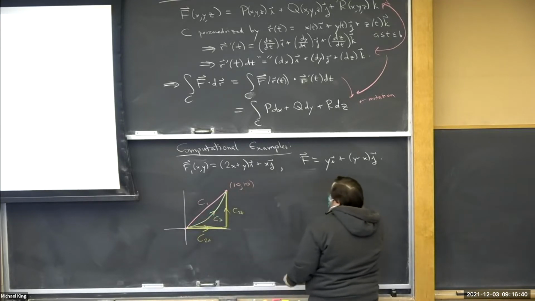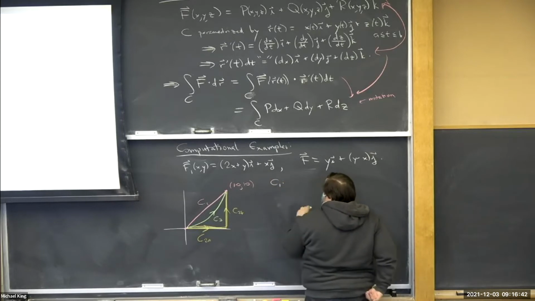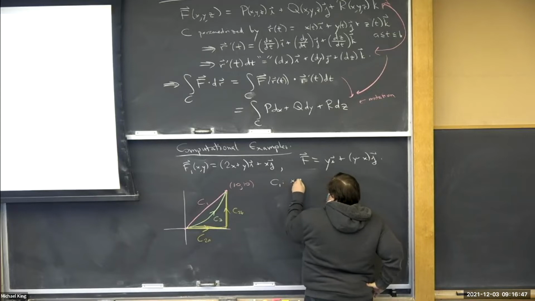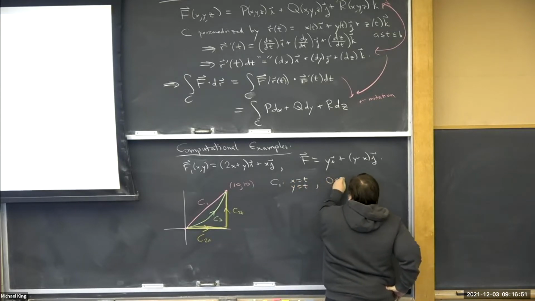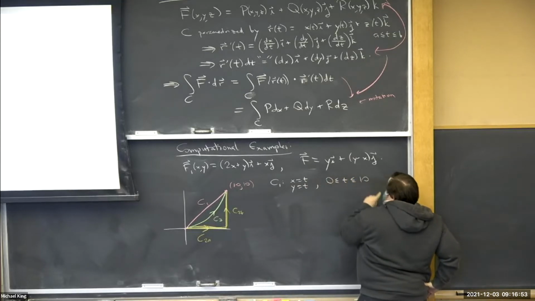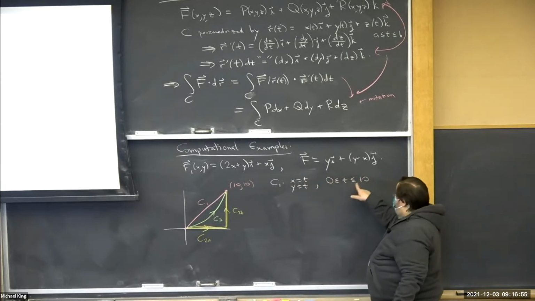C1, we said, was just x equals t, y equals t from 0 to 10. Or you could do x is 10t, y is 10t from 0 to 1.